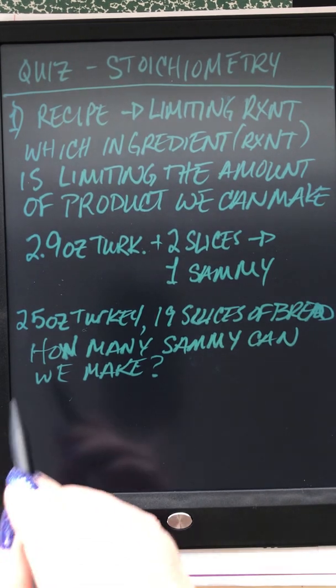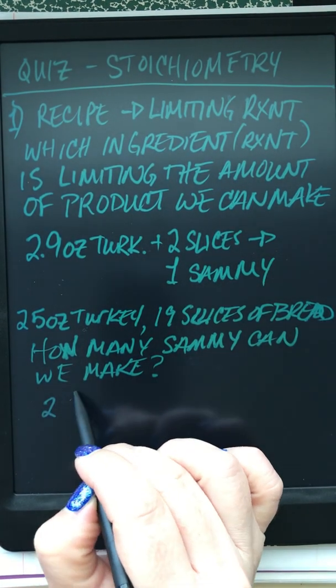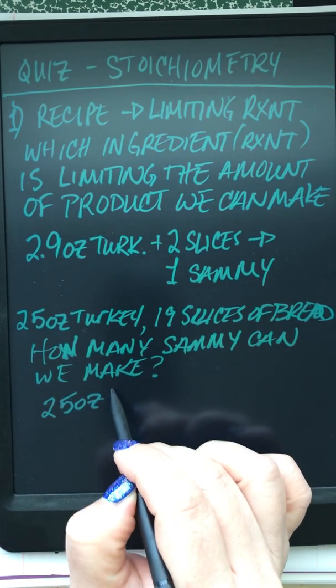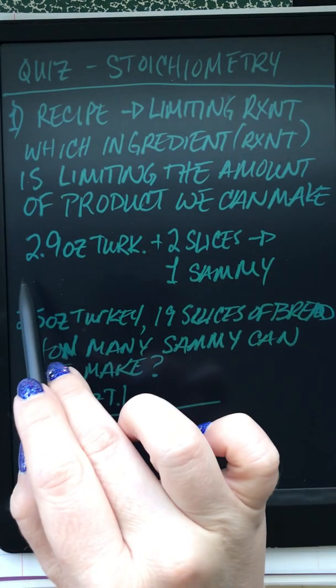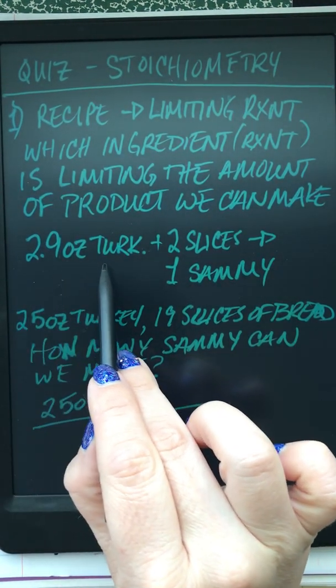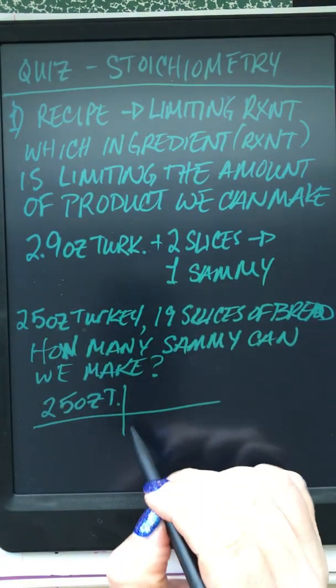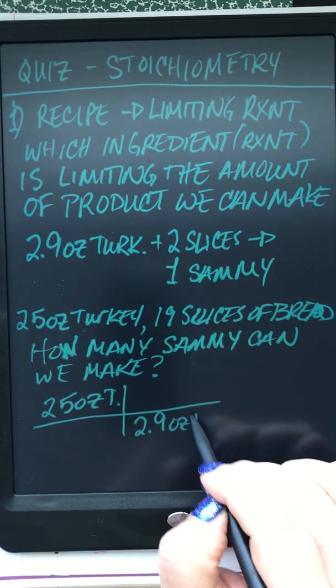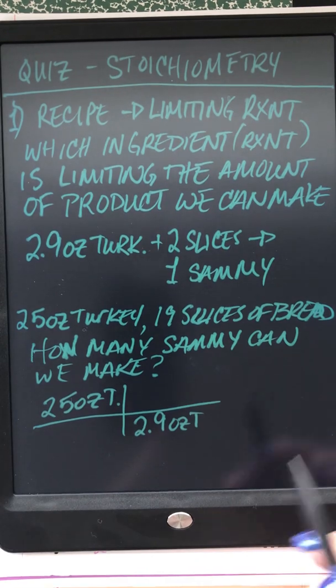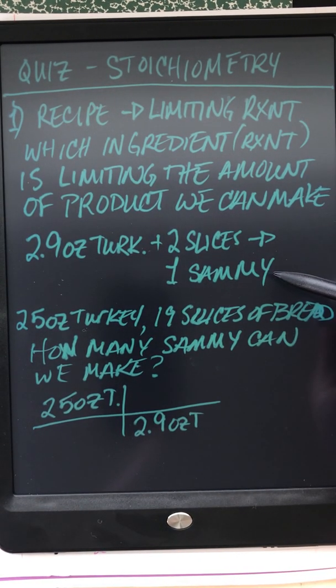So if I have 25 ounces of turkey, and I know that each sandwich requires 2.9 ounces of turkey, I can put 2.9 ounces of turkey down here, right? Will give me 1 sandwich. Does that make sense, guys?